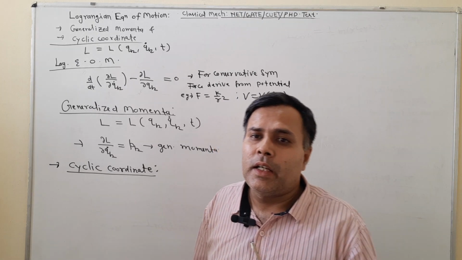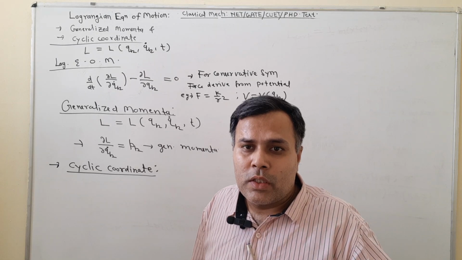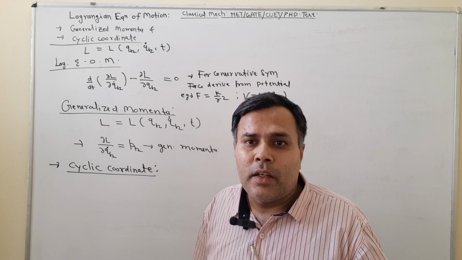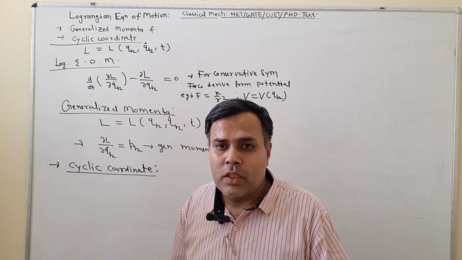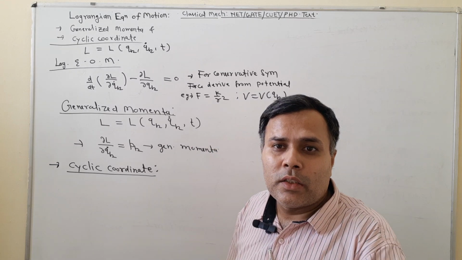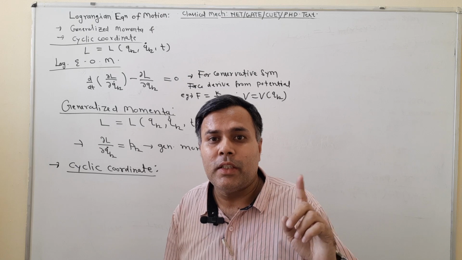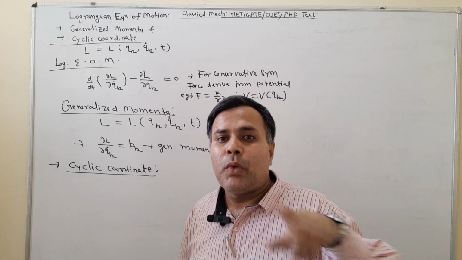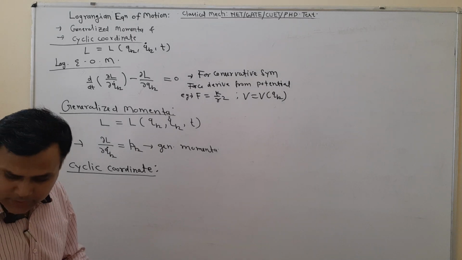It is not necessary that our system is cyclic in all coordinates. If it is cyclic in x, the corresponding momentum px is constant, but it is not necessary that it is also constant in py corresponding to the y coordinate. So let us analyze that.